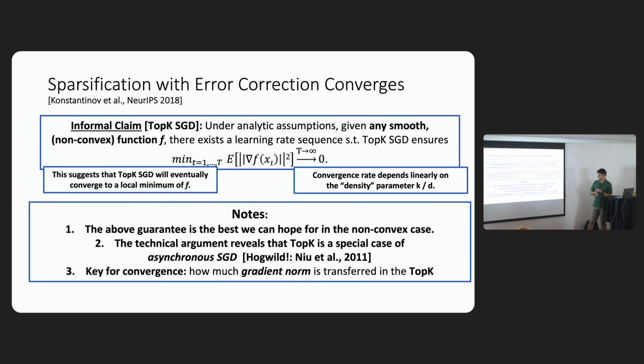If you have to send k values, the norm-maximizing choice of k values is actually the top k. That's why people have gravitated towards this choice in practice. All right, good.